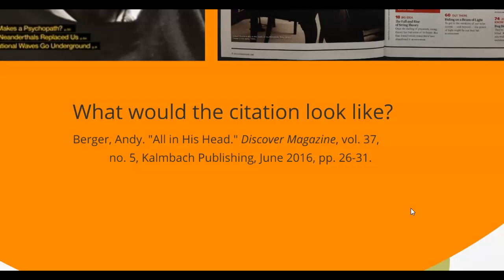"All in His Head," that is the shorter work, so it would be in quotation marks here. And it is contained in Discover Magazine. And it is volume 37, number 5, Kalmbach Publishing. June 2015 is our copyright date, and then the article is found on pages 26 through 31. And don't forget your period.